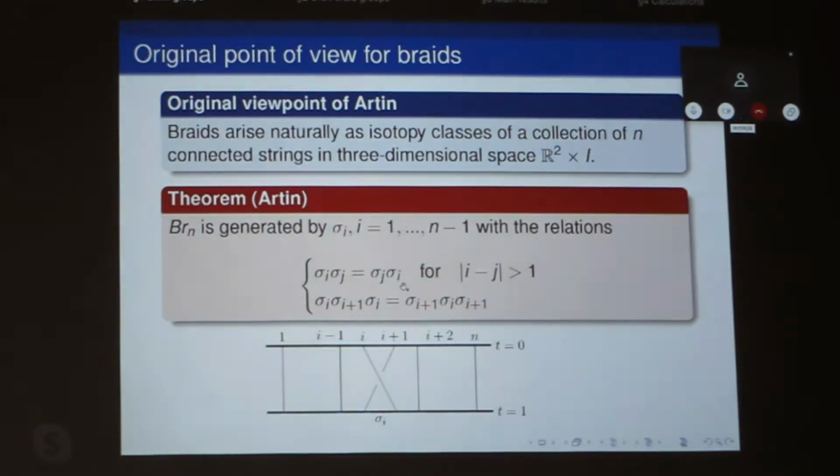This relation, and this relation. Each generator has only one crossing. Here is sigma i, and there is only one crossing between the i-th string and the (i+1)-th string.